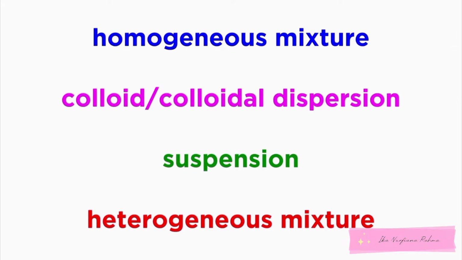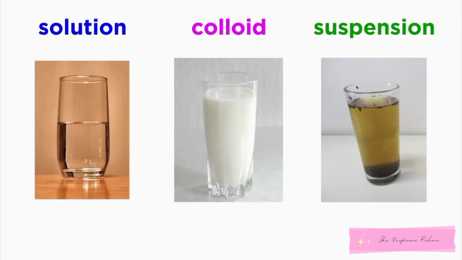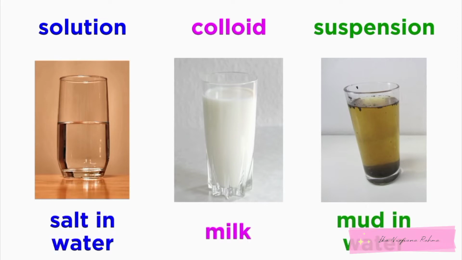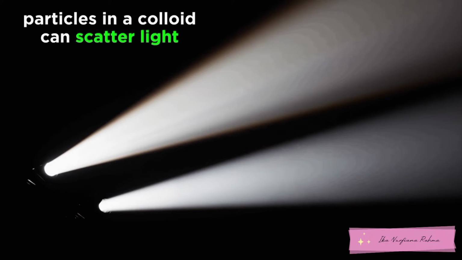Such a mixture is called a colloid or a colloidal dispersion. To illustrate the difference between a solution, a colloid, and a suspension, let's look at salt water, milk, and mud. The difference in particle size is what determines the different characteristics of these mixtures.